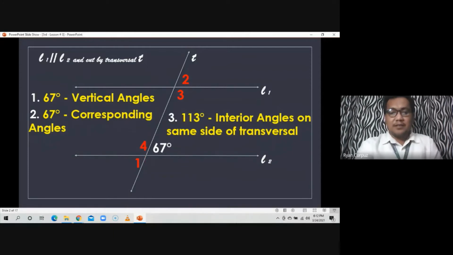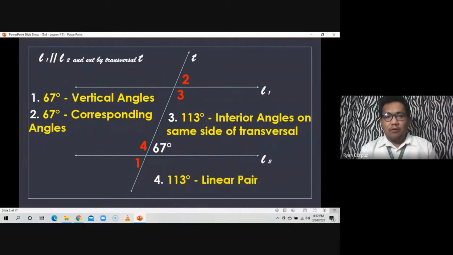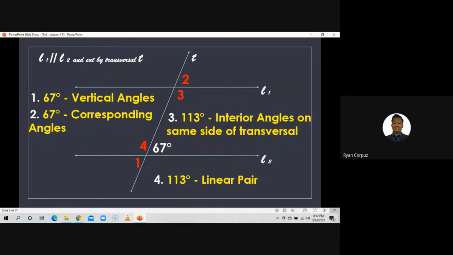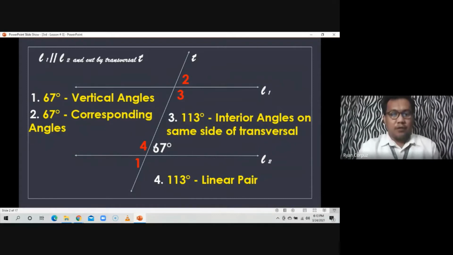Next, angle 4. What's the measure of angle 4? Angle 4 also measures 113 degrees because its relationship to the given angle is that they are called a linear pair. So angle 4 together with the angle of 67 degrees form a line.